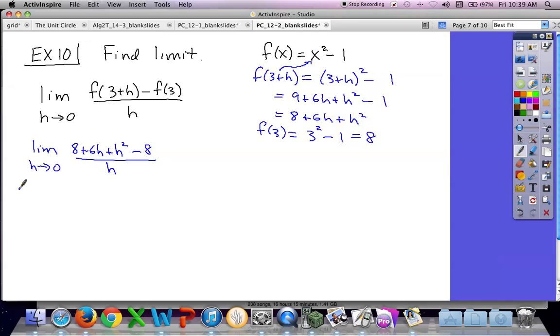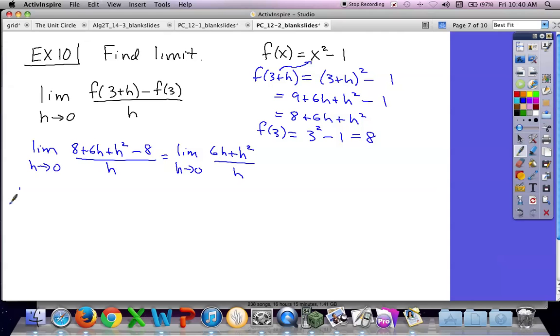You simplify. Look at the numerator. What could you simplify? 8 minus 8 cancels, right? So this is the limit as h approaches 0 of 6h plus h squared over h. Then what can you do?